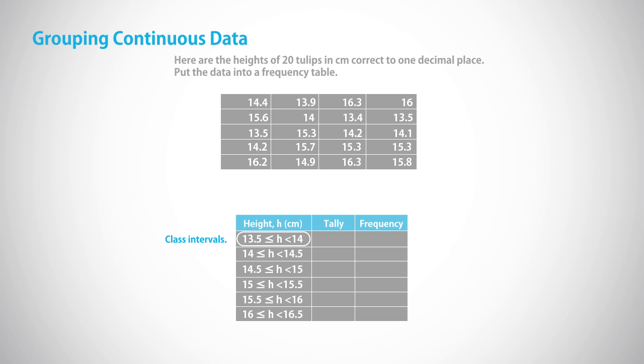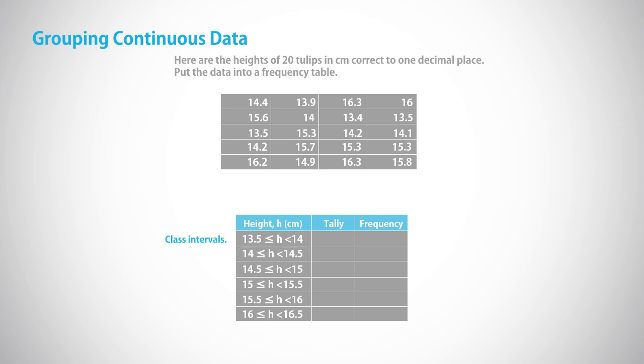So that would mean that this data interval would be for 13.5, 13.6, 13.7, 13.8, 13.9, which is 5 separate scores but not 14. If the score was 14, it would go into the second class interval. And the second class interval says 14 up and as far but not to include 14.5. I hope this makes sense.